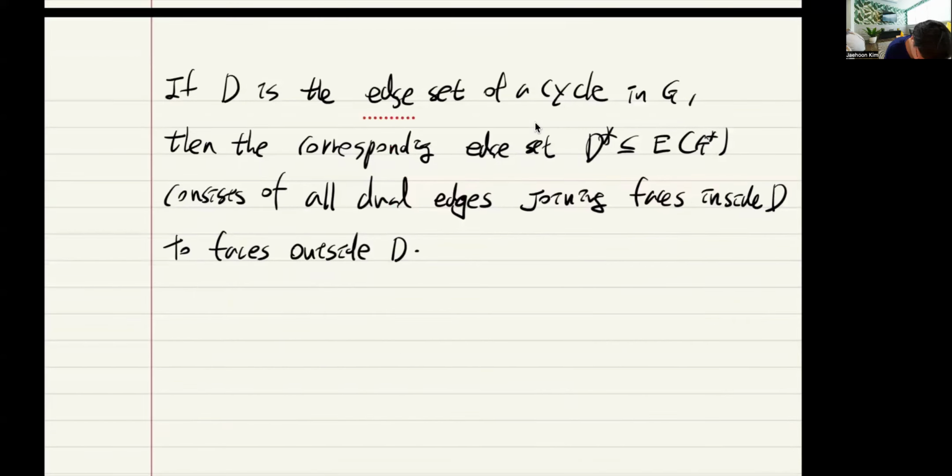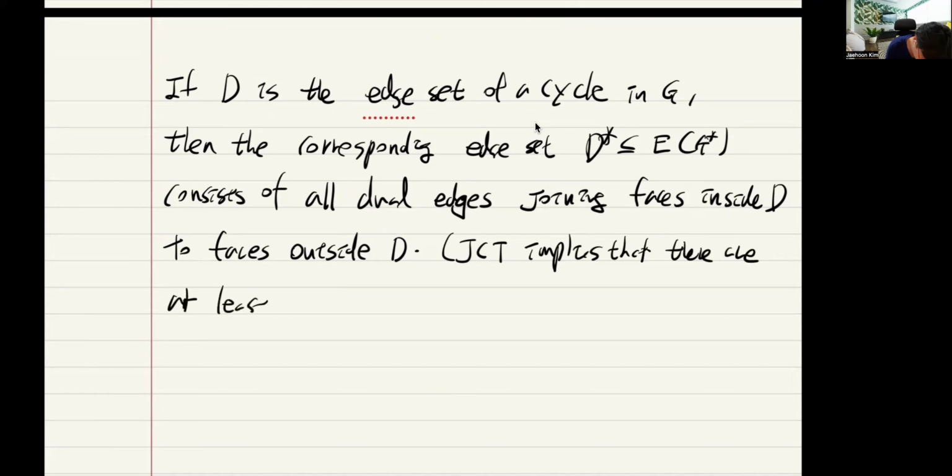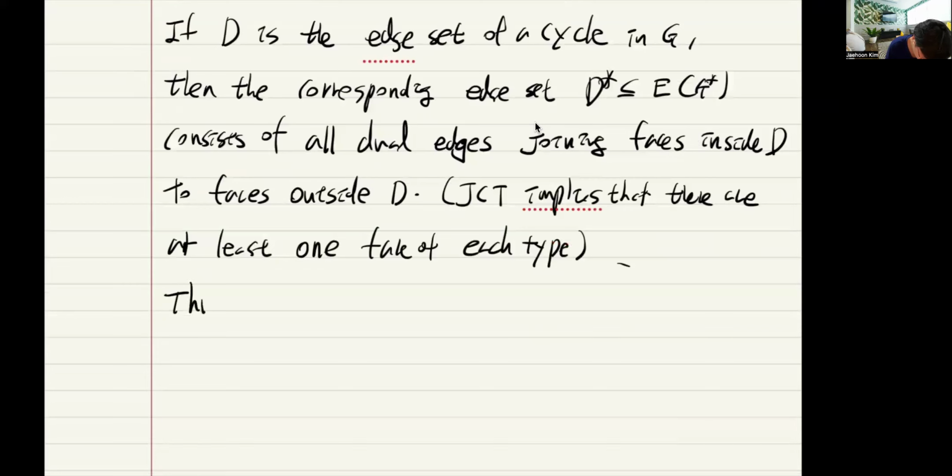And the Jordan curve theorem implies that there is at least one such face, one face of each type. Thus, this D star is an edge cut.